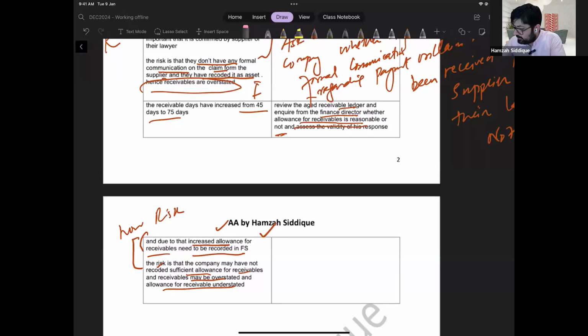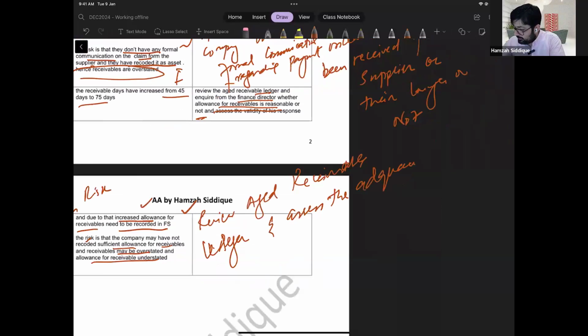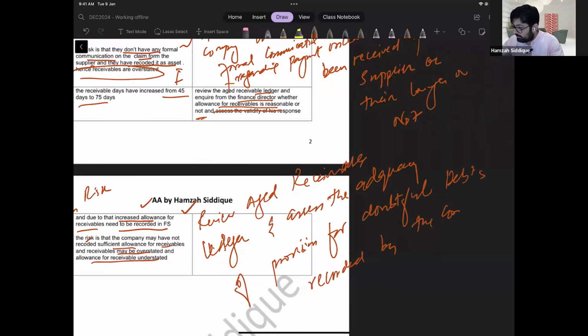Review the aged receivable ledger and assess the adequacy of the provision for doubtful debts or allowance for doubtful debts recorded by the company. That is also correct. Review that ledger, and in the light of that, you are assessing.